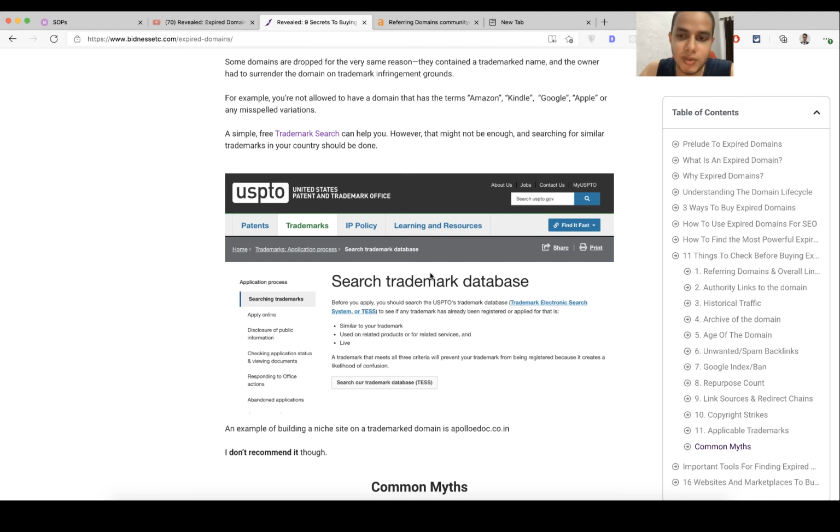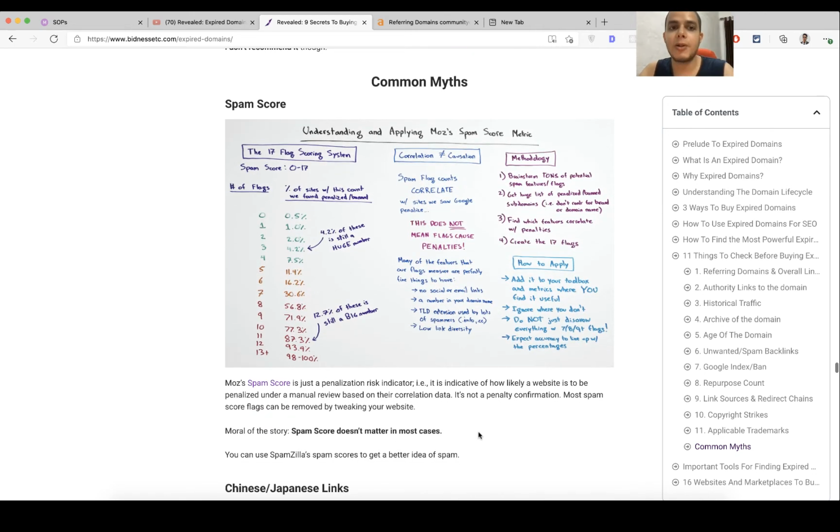We can go ahead with that domain, because somebody who didn't renew their domain won't essentially sue us for using their domain. We just want to avoid big brands like these, or Apollo or something, because if they go against us, then it is going to be trouble.